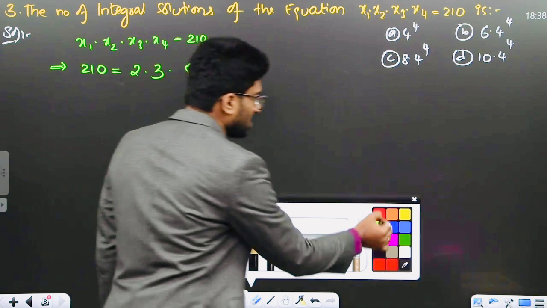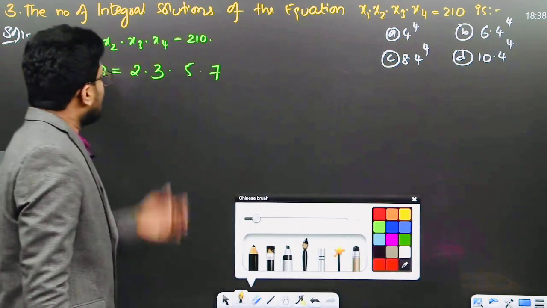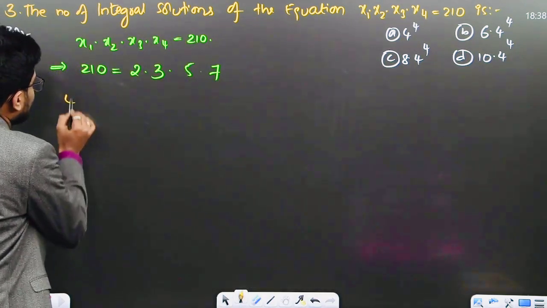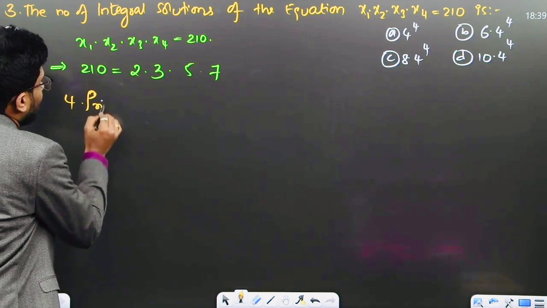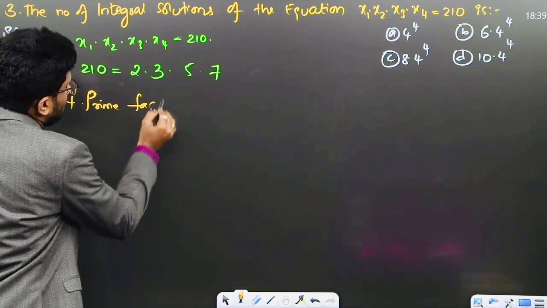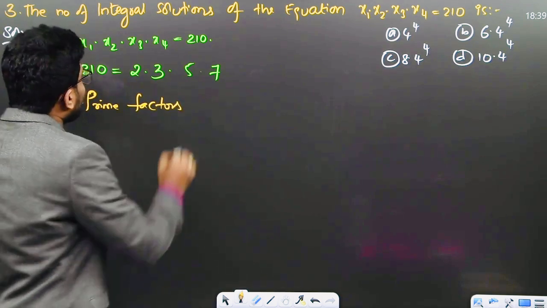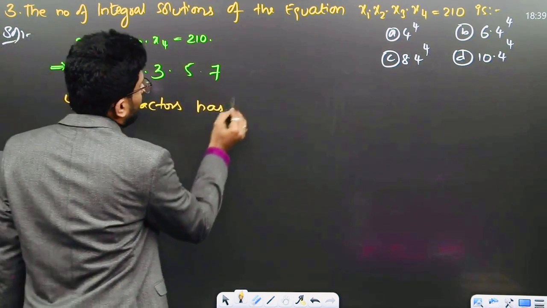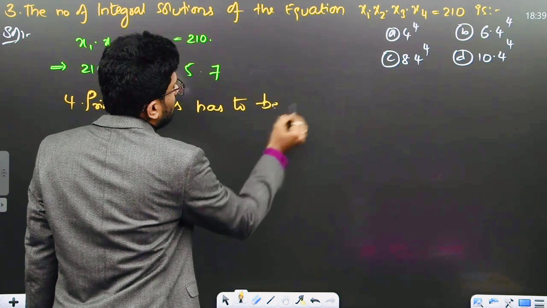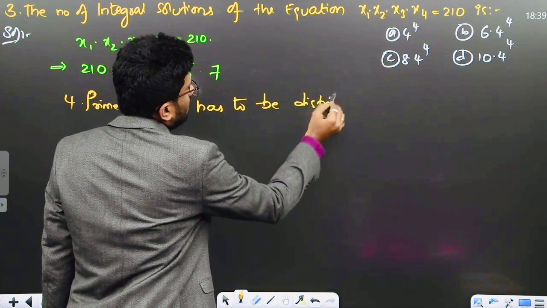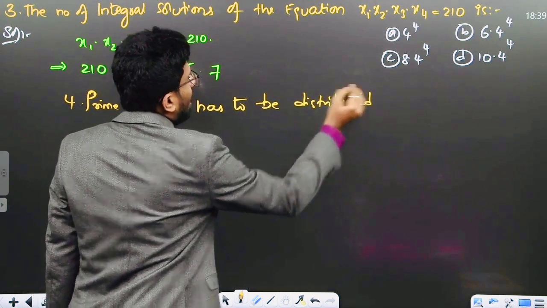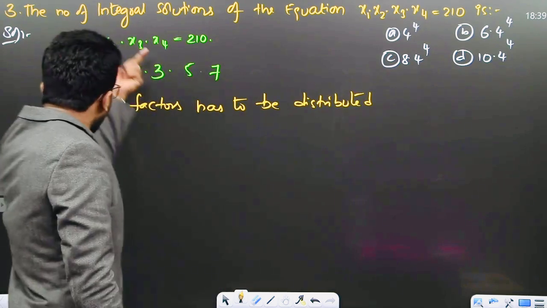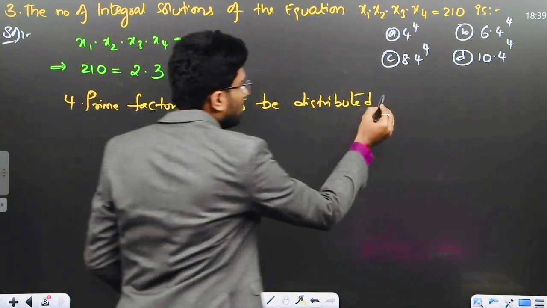The most simple thing, friends: these 4 prime factors have to be distributed among 4 boxes, like 4 variables.